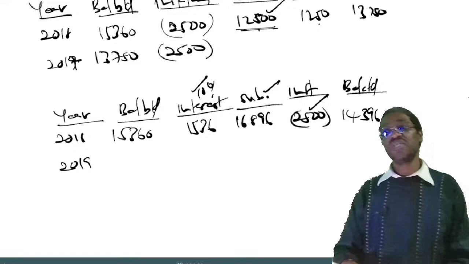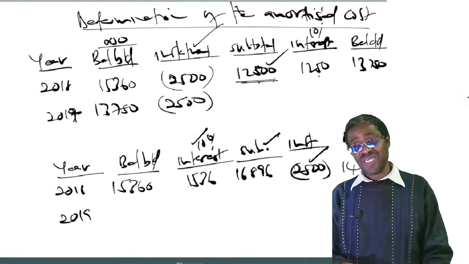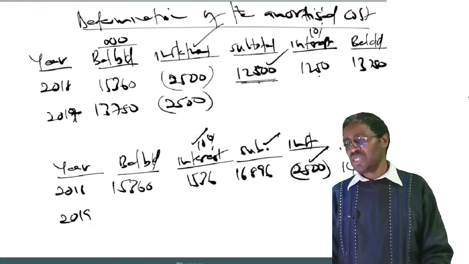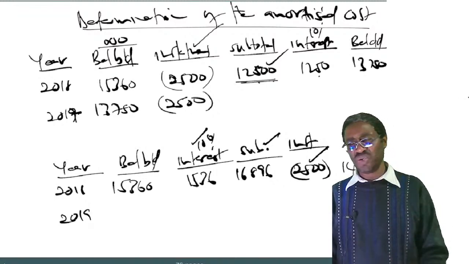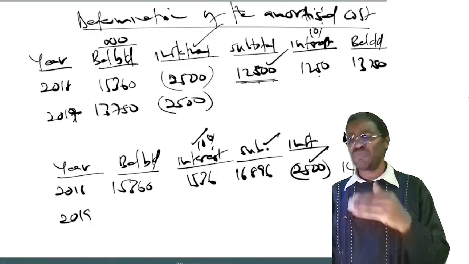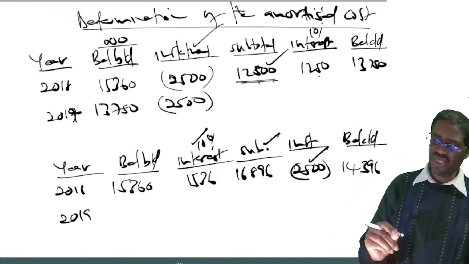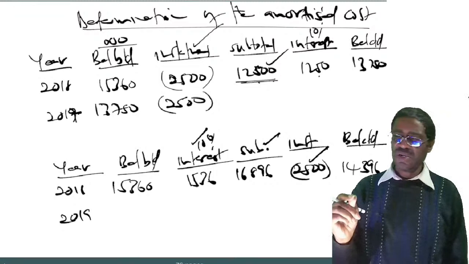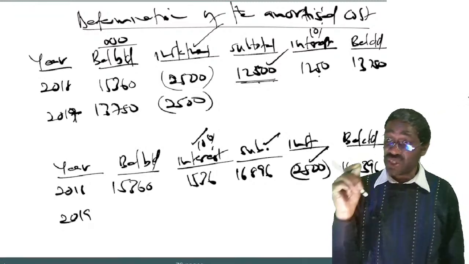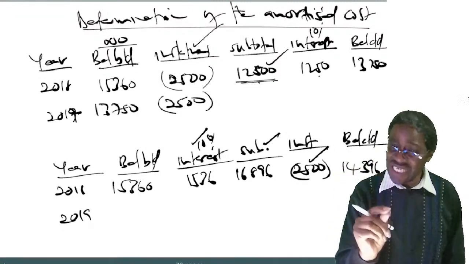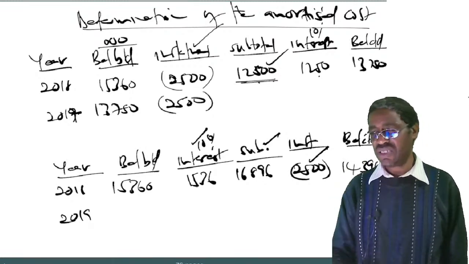Now listen to another point. Whichever table you are doing, whether the in-advance table or the in-arrears table, listen. This question tells me to prepare financial statements for 2018 and 2019.